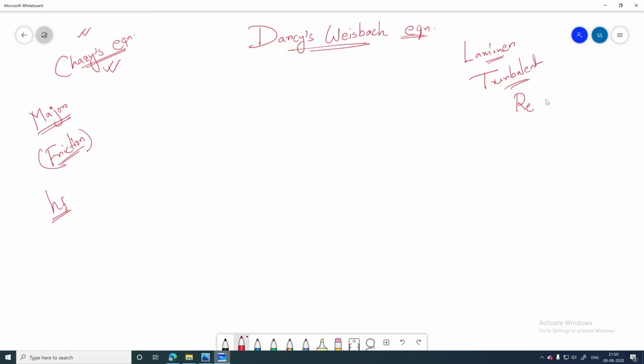Now if the Reynolds number is greater than 2000, then it is termed a turbulent flow, right? And what is the Reynolds number? It is basically the ratio of the inertia force to the viscous force, given by rho V d by mu. Okay, so these are the previous things I have already told.